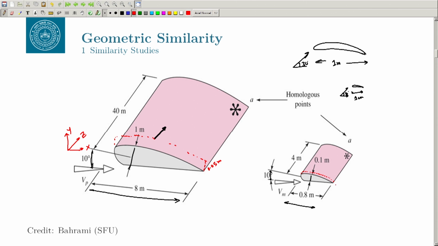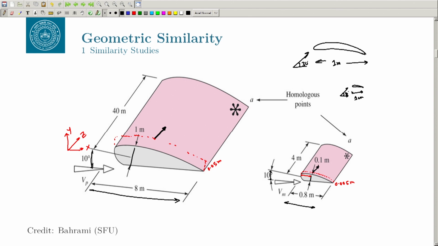We have to compare the velocities at the corresponding points. So, whatever distance you have here, you have to take a tenth of that distance in the other, and then you can talk about the forces. The kinematic similarity says that the velocity should be in the same direction, and it must be scaled by the same factor.